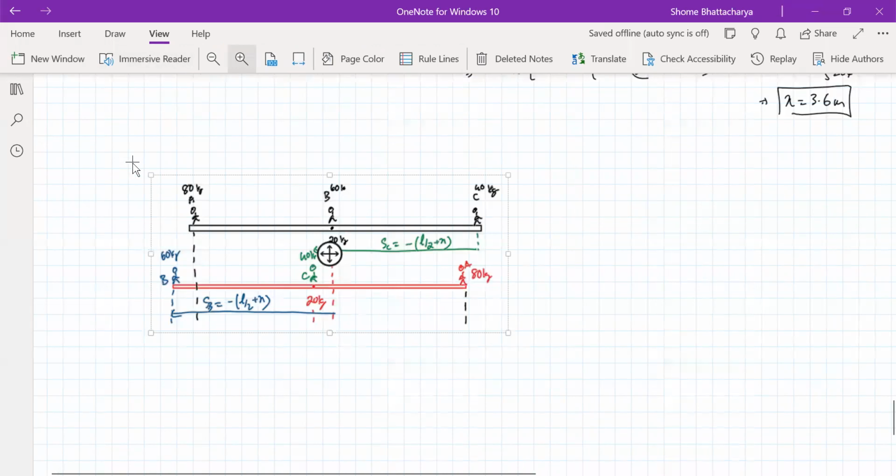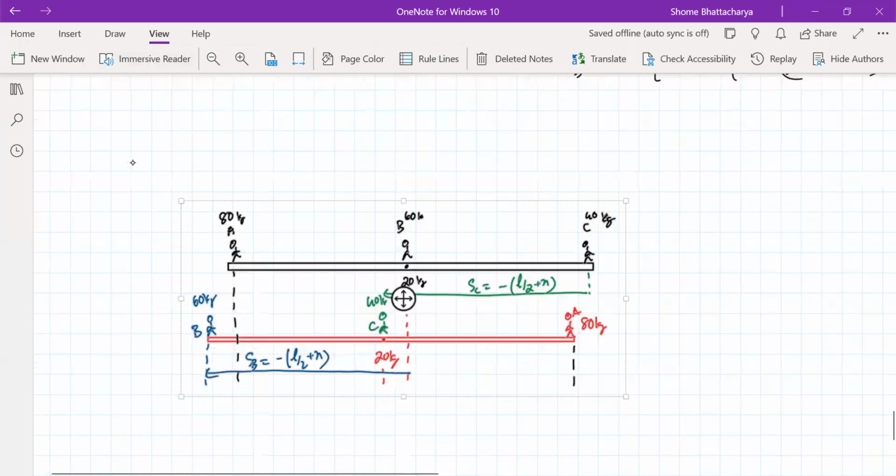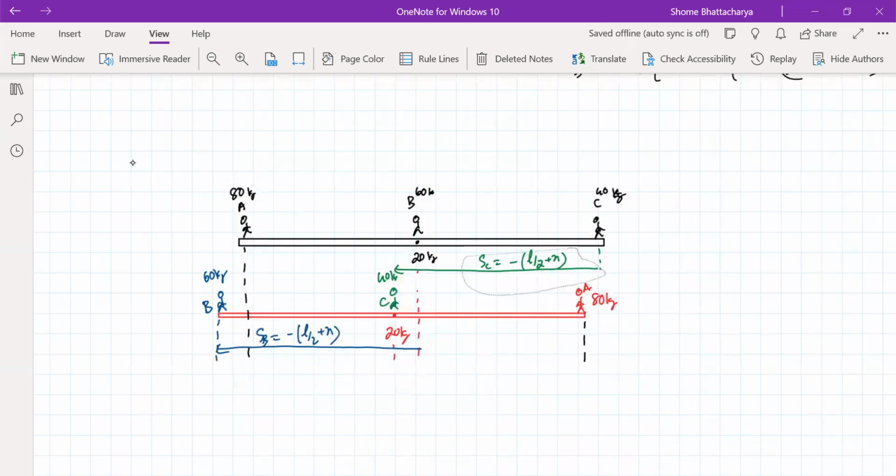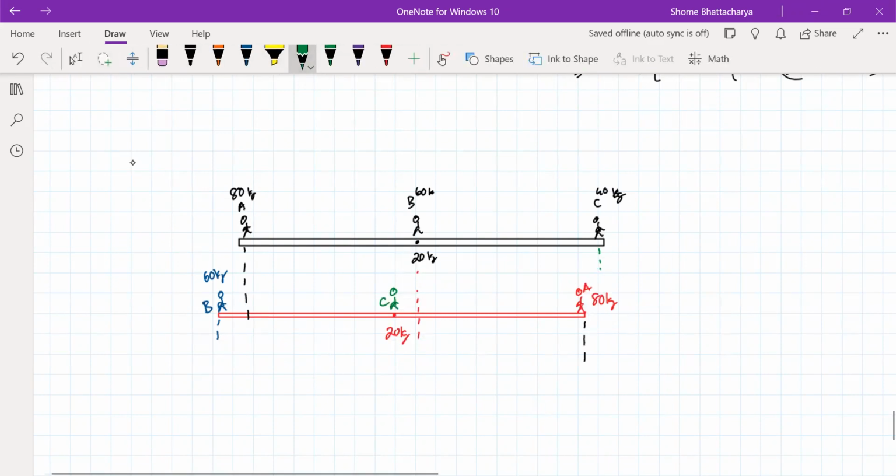Yes, sir. So if we compare this now, just a moment. Move all this. Actually, this we need it. So C's mass is how much? 40 kg.